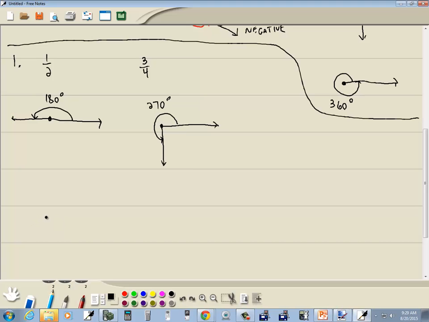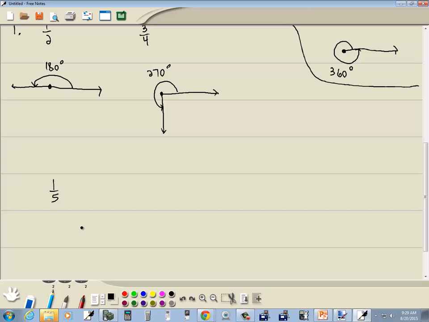1/5. Oops, scroll down a little bit. Yeah, this isn't so easy to see. One full revolution is 5/5. So we think about splitting this entire circle here.